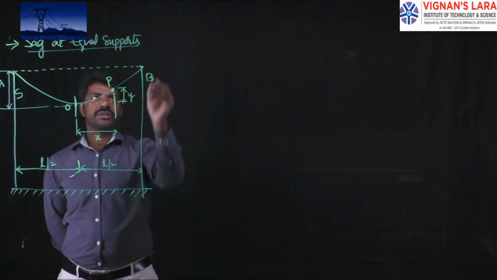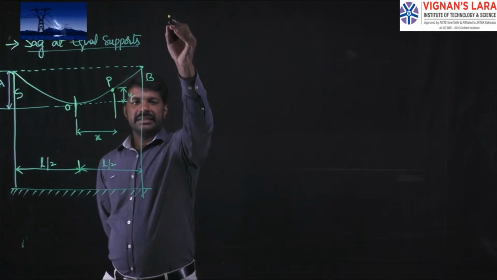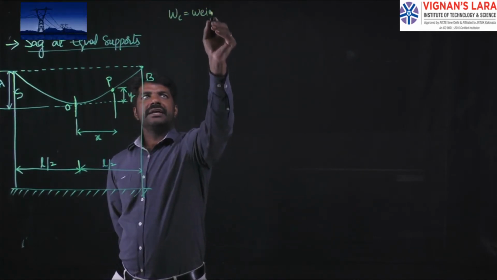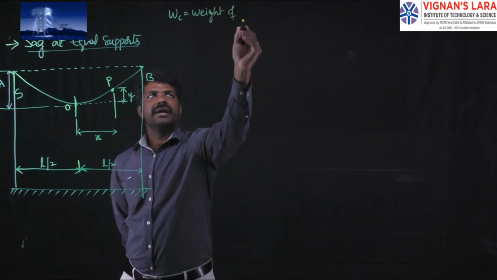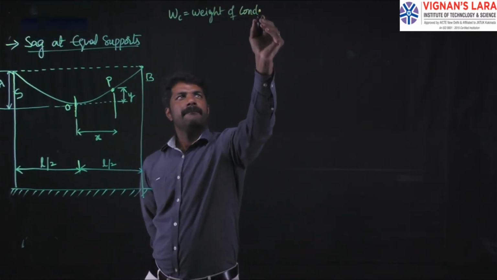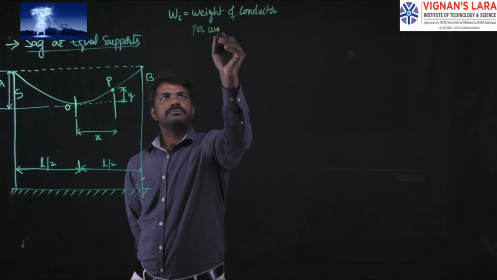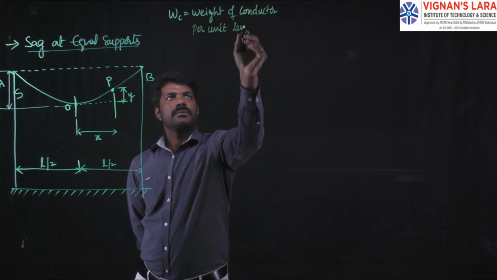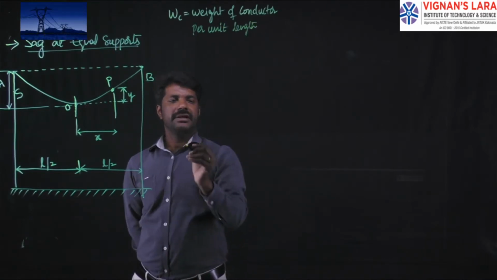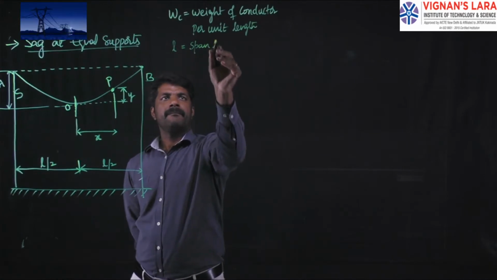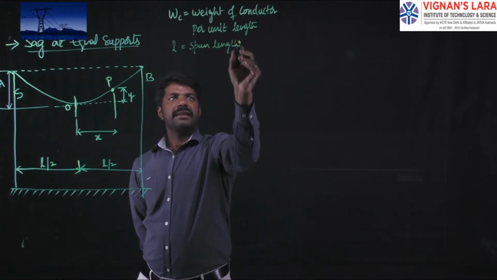Also we know that let WC be the weight of the conductor per unit length. Then L is the span length.